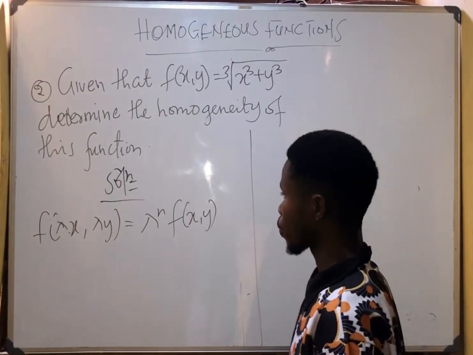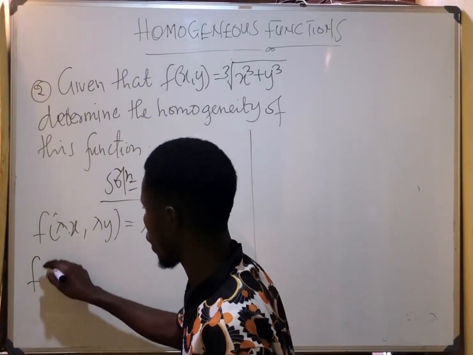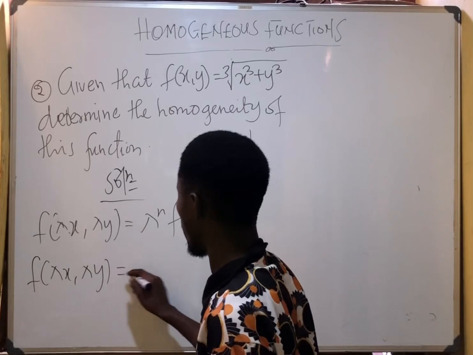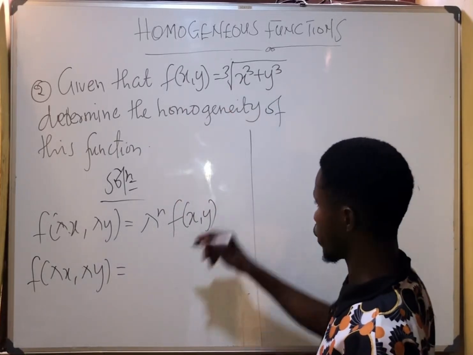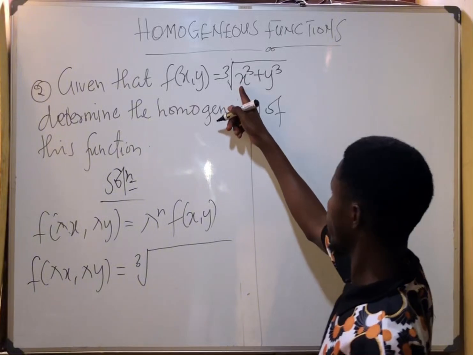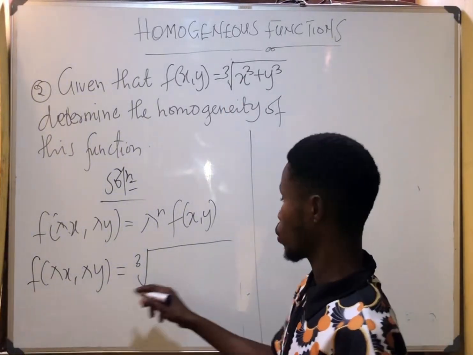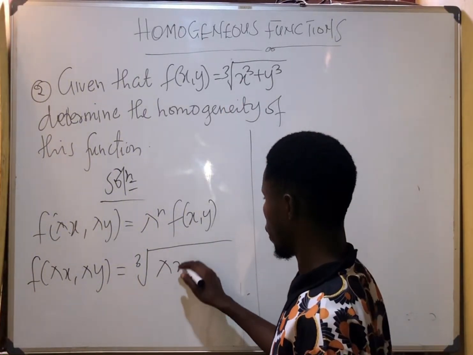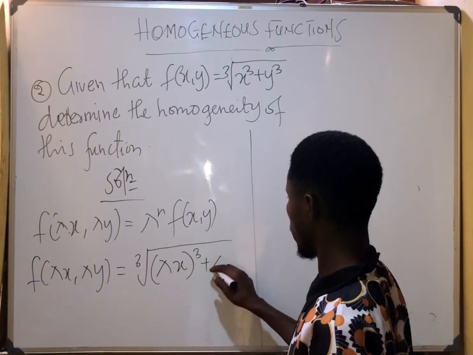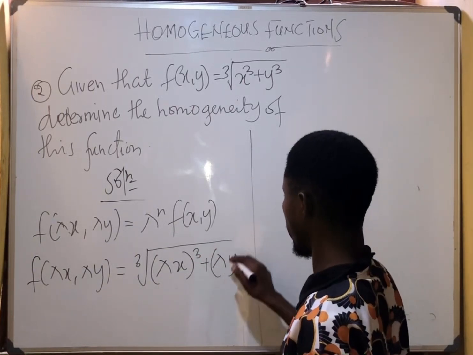So now if I write f of lambda x, lambda y, with this cube root, wherever I see x is now lambda x, so I'm going to have the cube root of lambda x cubed plus lambda y cubed.